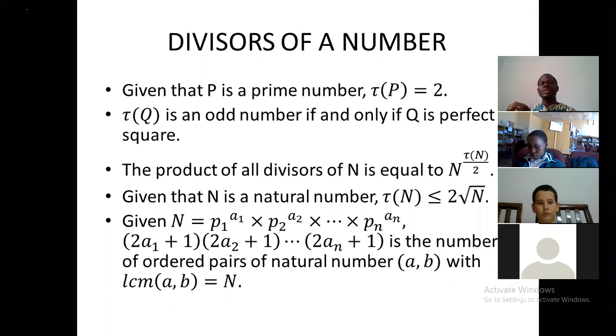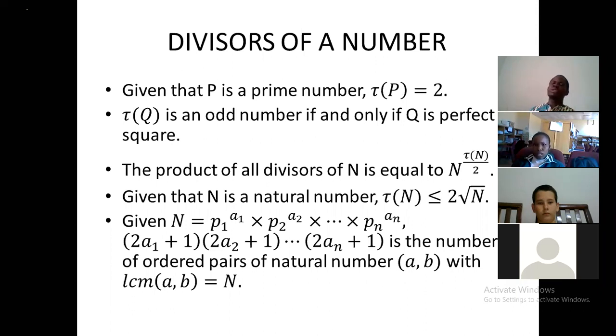Now, we also established that if you find the tau of a number and you get an odd number, it means that the number you found the tau of is a perfect square. All right? So taus of perfect squares are always odd numbers. If an odd number results, it means the number is a perfect square.